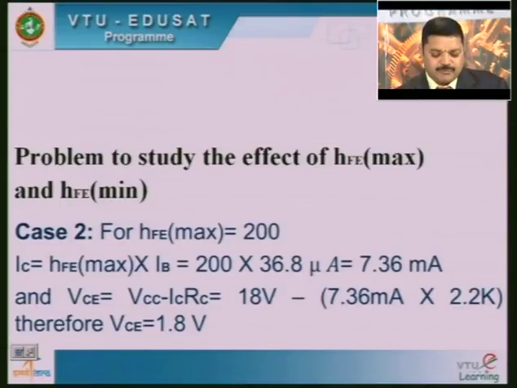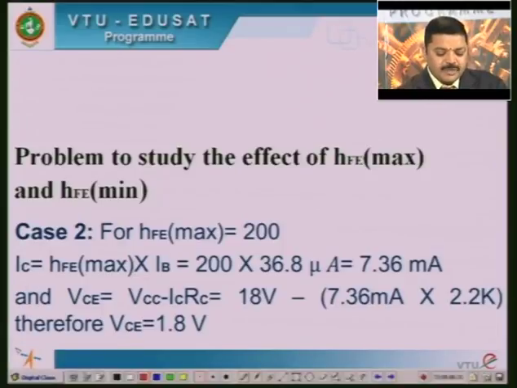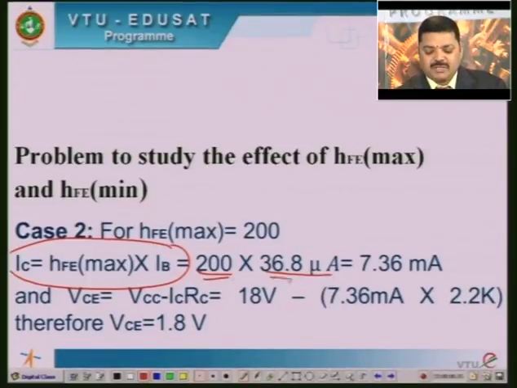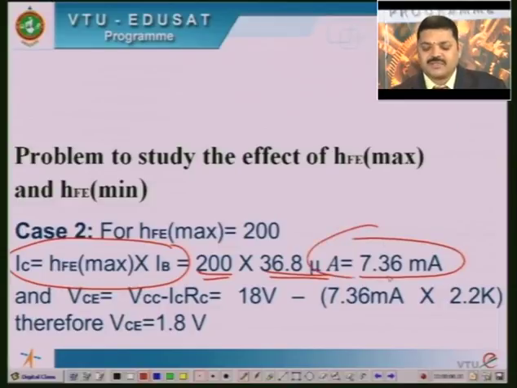For HFE max equal to 200, IC is given by HFE max into IB, which is 200 times 36.8 microamps. Therefore, the value of IC will be 7.36 milliamps in this case.